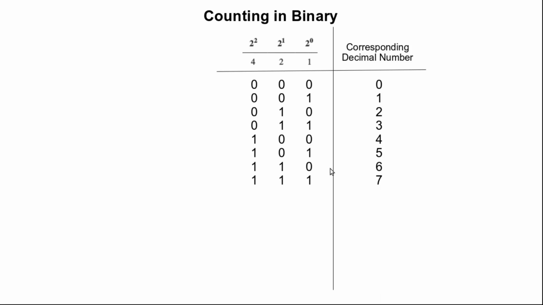If we have to represent 7, it is 4 plus 2 plus 1. 4 plus 2 is 6, plus 1 is 7, so all the bits will be 1 1 1. And these are the only 8 numbers that can be represented using 3 bits. So if we have to represent 8, 8 cannot be represented using only 3 bits.